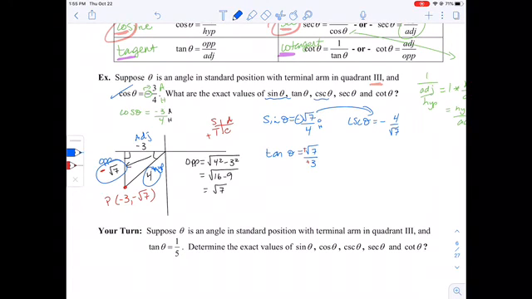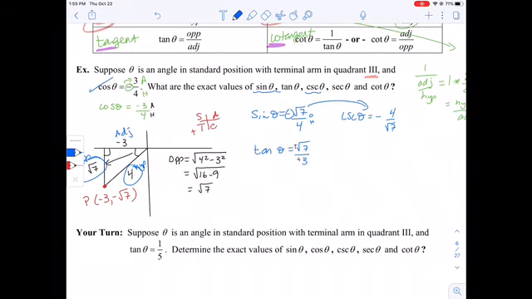I can just look at my triangle, or if I have the sine, it's just the reciprocal. Now, this is totally fine for now. I might also want to rationalize, so that would be negative 4 root 7 over 7. And if you forget how we're getting that, we're rationalizing the denominator by multiplying both numerator and denominator by root 7 over root 7.